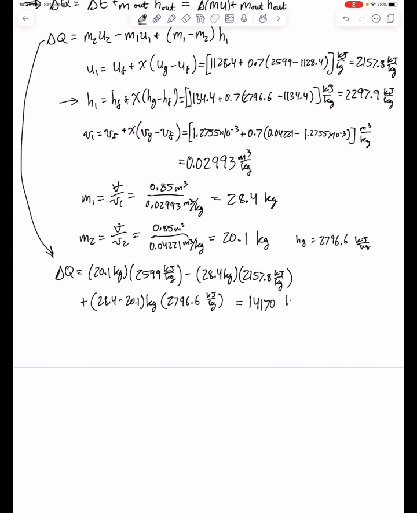All right, and that's the correct answer. This amount of 14,000 kilojoules was added into the system. And that's the first transient problem that I will cover for this recording.